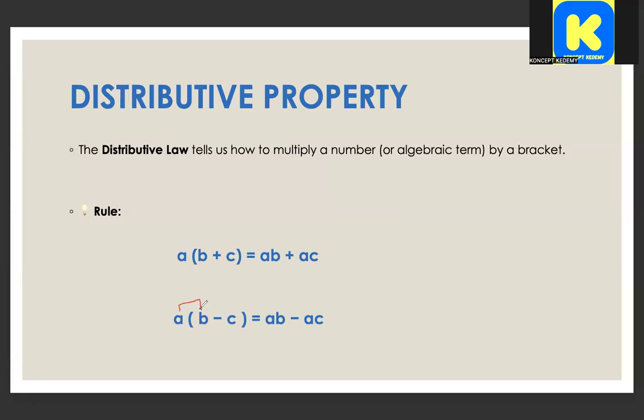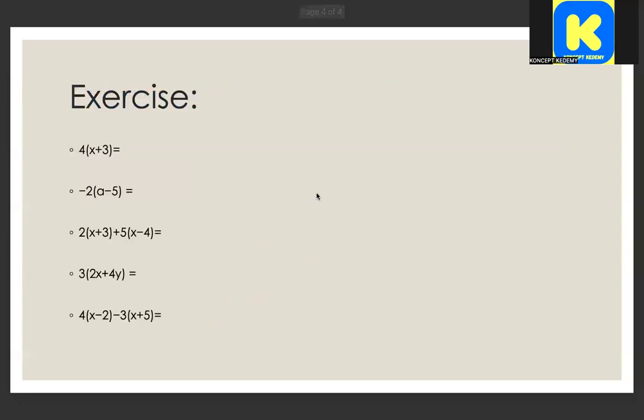So a into b, ab. Here we have the negative sign, so the negative sign will come in the middle. Then the same way a into c, which will become ac. So this is how we can expand an algebraic expression by using the distributive property. Now let's go through some questions, and then we will be able to solve any question by using the distributive property.